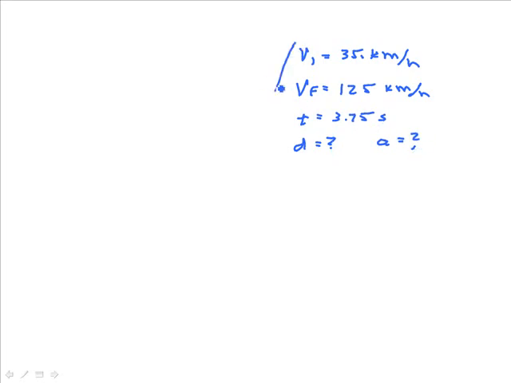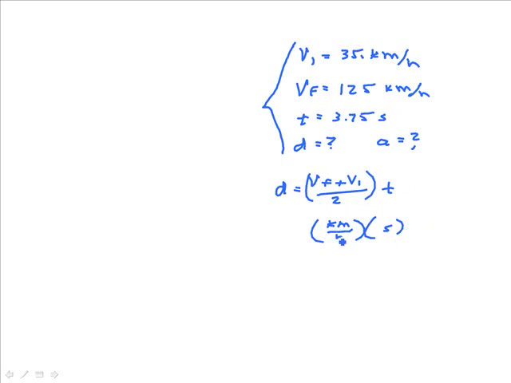Now, using these four, we have a nice simple equation that's already set up for us. That is, d is equal to (Vf plus Vi) over 2 times t. Unfortunately, we have velocity in kilometers per hour, and we have time in seconds.